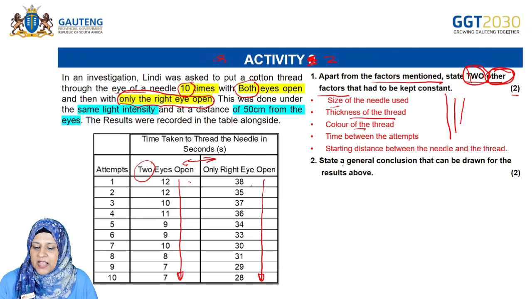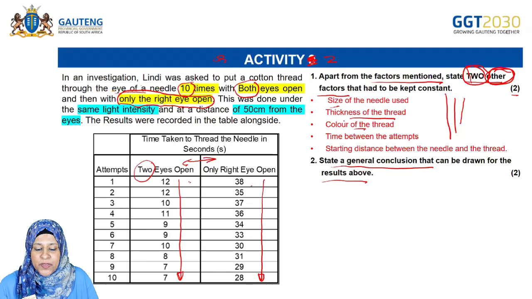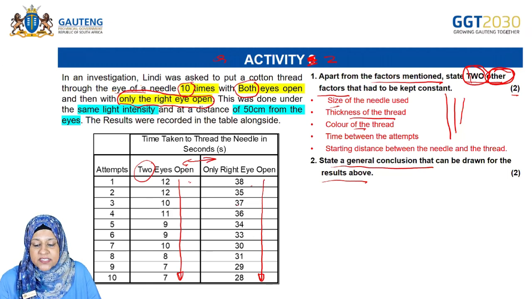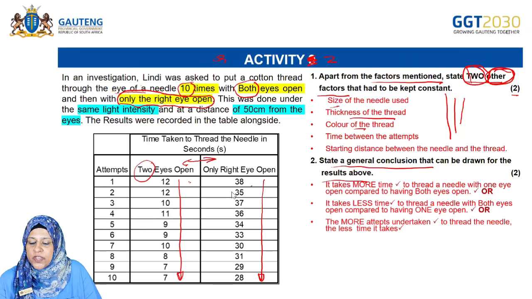State a general conclusion that can be drawn from the results. By unpacking the data, you already got the conclusion. Remember, we said that with 2 eyes open, she threaded the needle much faster than when only the right eye was open. So you could say it takes more time to thread a needle with 1 eye open compared to having both eyes open, for 2 marks.